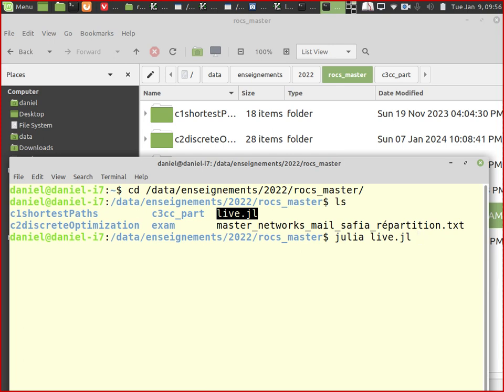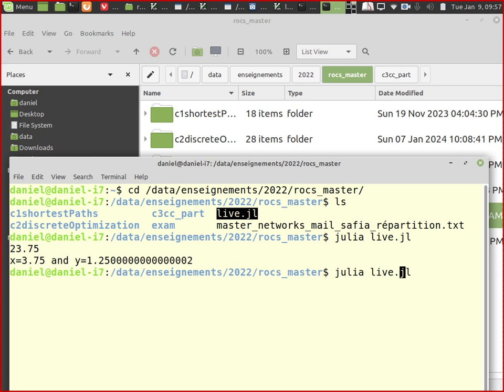In both Windows and Linux, you have two ways of using Julia. You write julia and the name of the file, but this way of doing it will take some time. Please pay attention. It takes around 7 seconds.